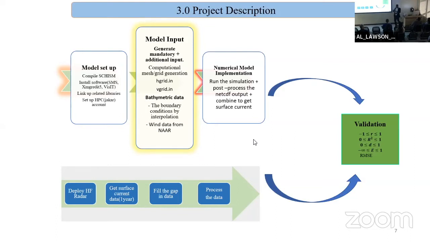We also take into account the gaps that usually occur in high frequency radar data, process the data, and then compare the output using the validation metrics of root mean square error, coefficient of efficiency, and then the ever-present index of agreement that is very common in hydrodynamic comparisons.